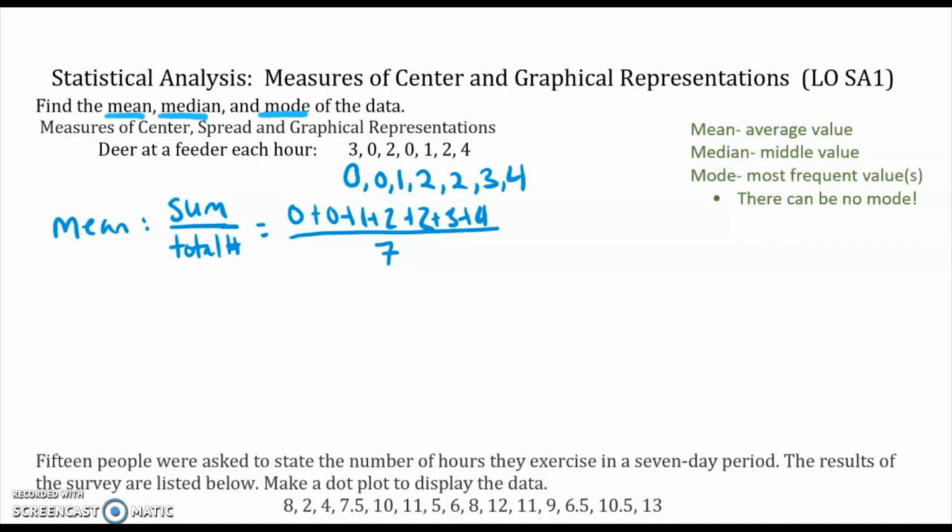Okay, and then that will give us 12/7, which is approximately 1.714. Okay, so I just rounded that to the nearest thousandth, even though it didn't specify.